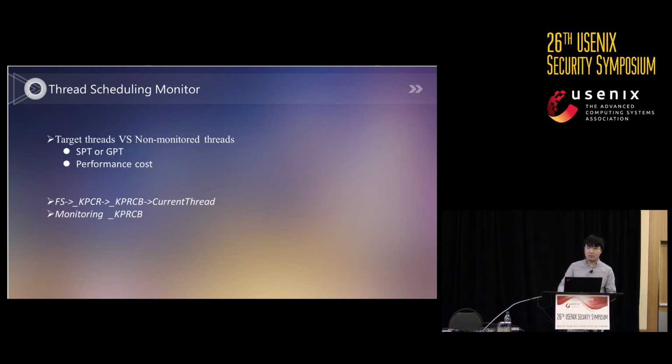The thread scheduling monitor mainly includes 2 points: identifying related data structures and monitoring the data structures. The running thread of the current processor will be obtained through the following relationship. Any write operation on the current thread variable means a new thread will become running.